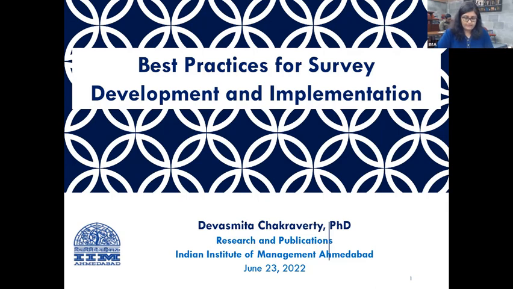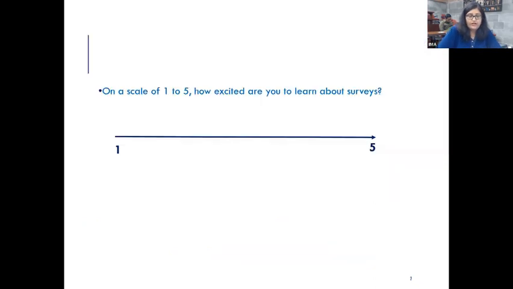So let's get started. I wanted to start with a question. On a scale of 1 to 5, how excited are you to learn about surveys? Please write your answers in the chat window. If someone from the RNP office could tell me what kind of answers people have written?